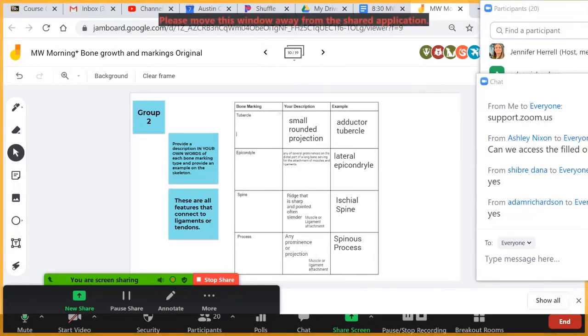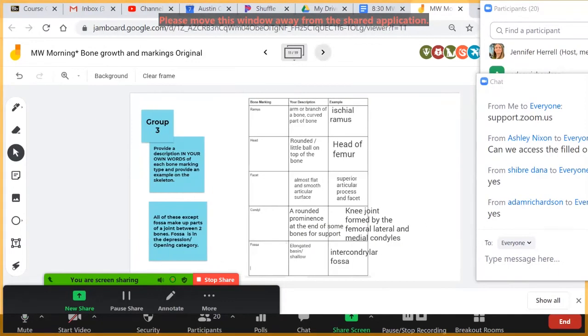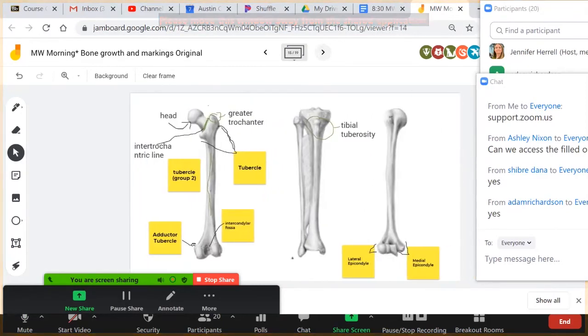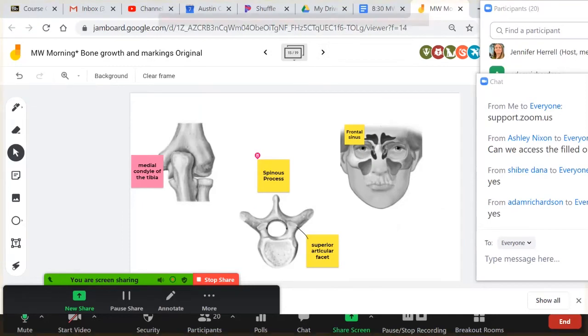Okay, process. A process is kind of just a generic term for a part that sticks out. And so sometimes if something just has kind of a weird shape, but it sticks out, they'll just call it a process in general. So the spinous process. Yes, I know where that is. That's on a vertebrae. Yes, there you go.